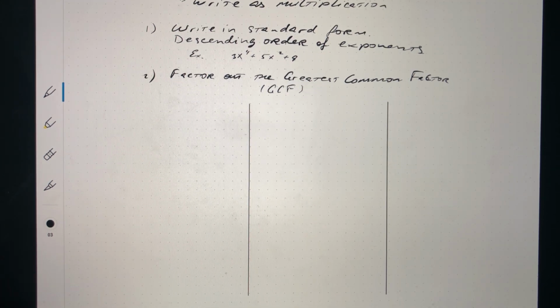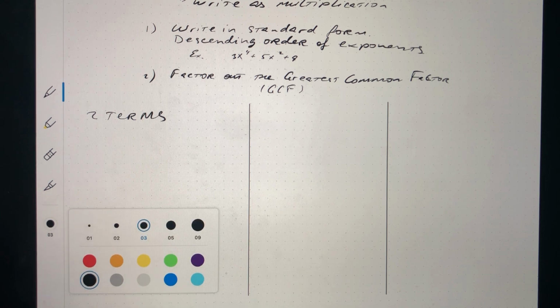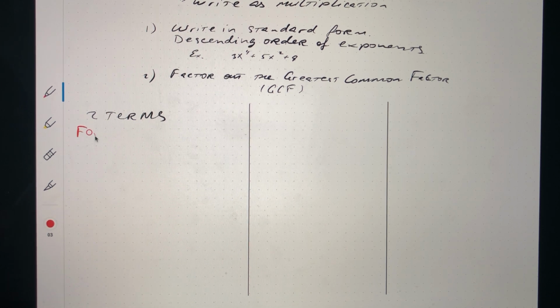The first category is two terms, and in that category we have formulas. The only way to factor here is to use three special formulas.